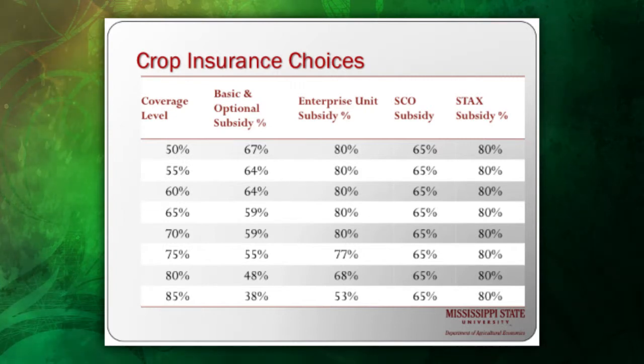We see that enterprise unit subsidies are much higher than basic and optional unit throughout, but especially at the lower coverage levels, and that the STAX subsidy percentage is higher than the SCO subsidy percentage. So this is the amount by which the actuarially fair rate, as determined by the Risk Management Agency, is reduced in the calculation of what the producer pays.